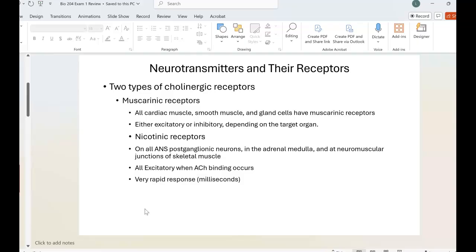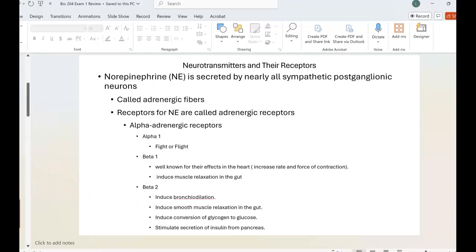So it could be inhibitory, for example, on heart muscle, but it could be excitatory in like the digestive system. Nicotinic receptors, these are usually excitatory. And when we talk about acetylcholine binding to skeletal muscle receptors, it's those nicotinic receptors, and they're going to be excitatory. This is what gets that muscle to contract. So those are cholinergic receptors.